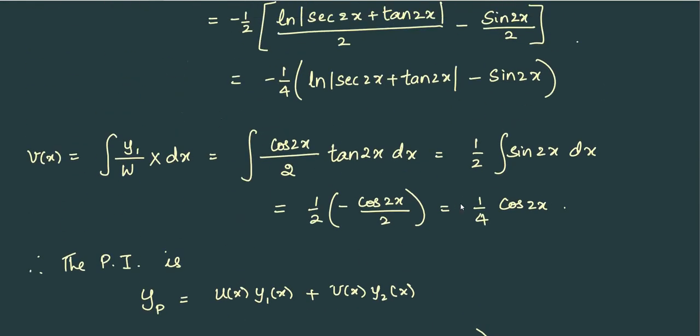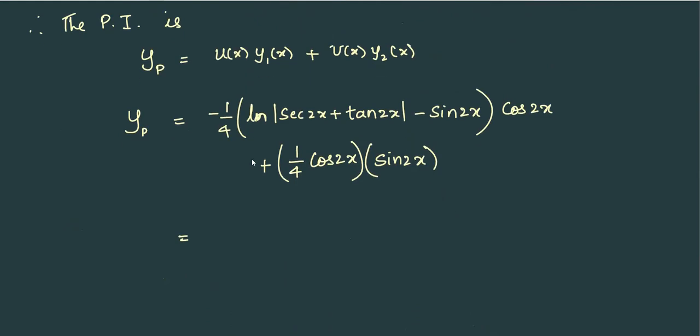Oh, this is minus. So you get plus and minus cancels. We are left with minus 1 by 4 cos 2x log mod secant 2x plus tan 2x. So this is the particular integral.